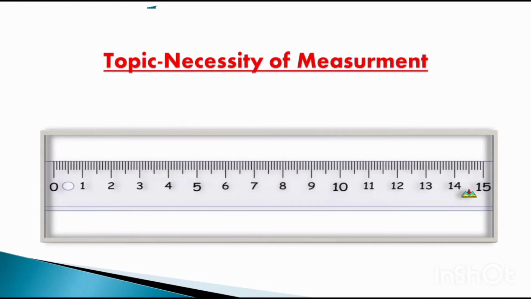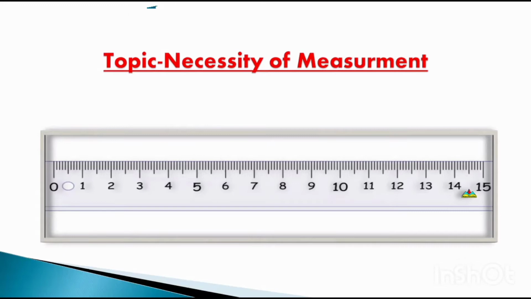Okay, so they must need the measurement. You can see at the bottom, that is the image of a scale, and there is some ruler, and here is 1 to 15 we have seen. In a ruler, there is one portion in centimeters, the other portion in inches.